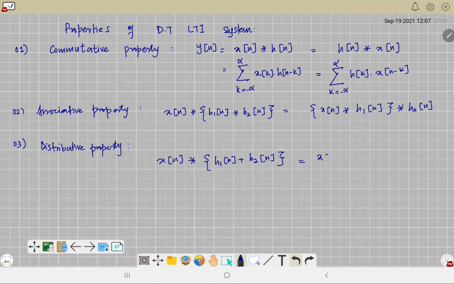Okay, so mathematically it means like this: x of n convolved with h1n plus x of n convolved with h2n. So it is distributive over addition. Okay, so these are the properties of the operation itself.